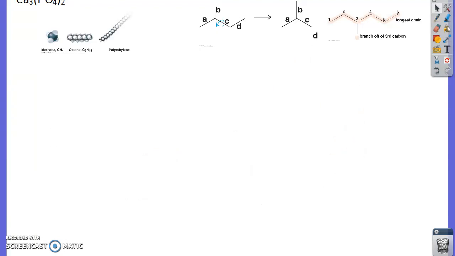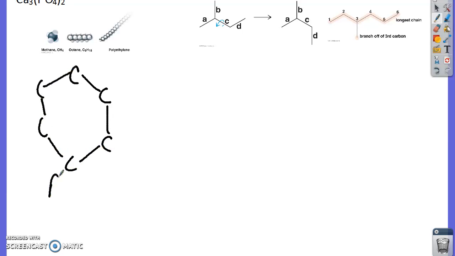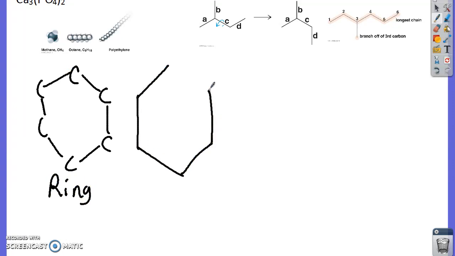Another way that they can rearrange themselves: a lot of times these hydrocarbons will circle around on themselves. You have a carbon attached to another carbon, to another carbon, and another, and then the last carbon will go back and hook to the first one. So a lot of times they form what we call ring structures, and we will just draw that like this.